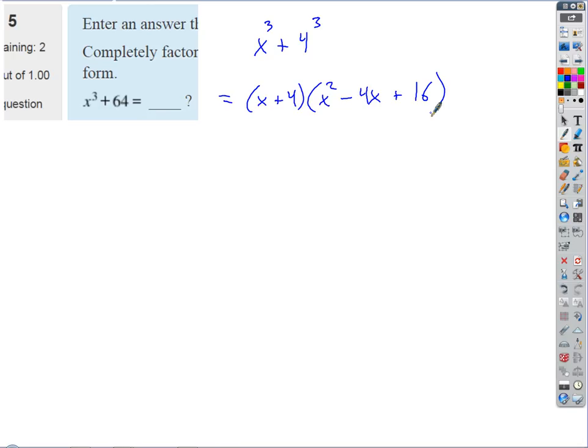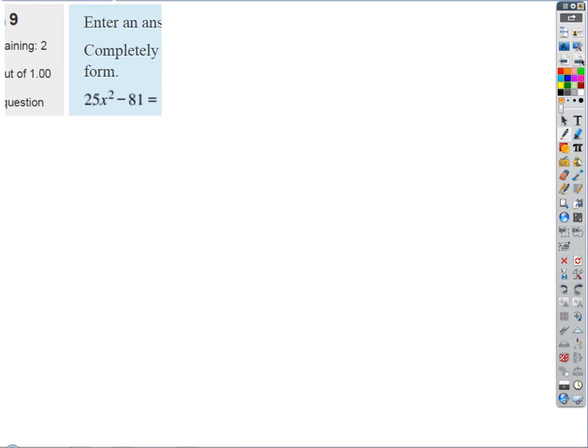Make sense? Okay, you see how these work, right? We're just gonna look at these and see if they can be represented as one of those patterns. How about that one? What's the only one that could be? It could be a difference of squares, right? Possibly. Well, is it?